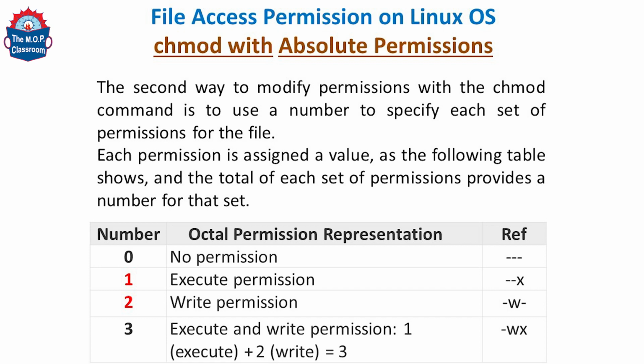If you want to give write permission, it is represented by the numeric value 2, and if you want to give the read permission, it is represented by 4. So, whatever has been given in the red color you have to remember. 0 means no permission, 1 means execute permission, 2 means write permission, and 4 means read permission.